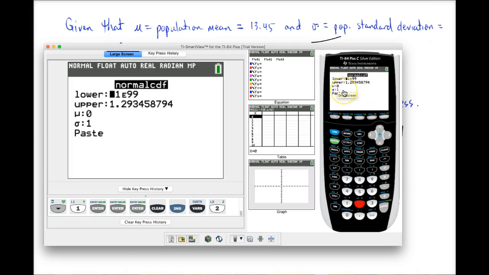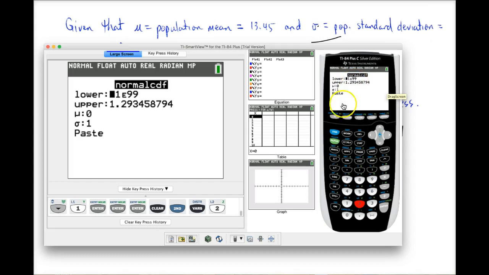If you notice, when we did this the first time, we actually had to change everything, since we had everything in terms of our actual data values. But if you're given everything in terms of z-scores, you can still figure out the probability by letting your population mean be 0 and standard deviation be 1, and you just find the z-score for the corresponding data value that you're referring to.